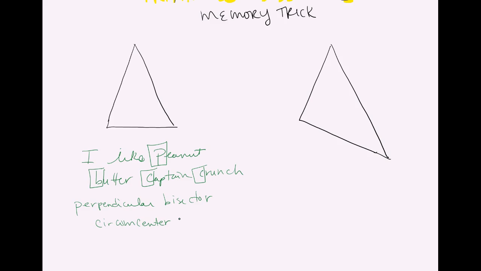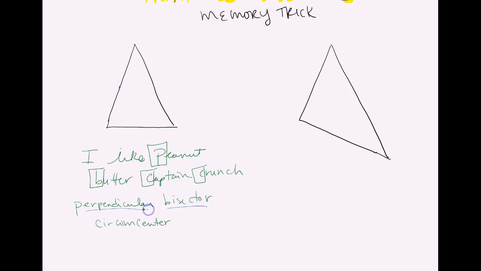So the idea is that if you are inside of a triangle, you are going to go to each of the three sides, and you're going to sketch their perpendicular bisectors. Now, you might remember the word bisect means to cut in half. So if I go to this side, I'm going to look for the middle of the segment, which looks like it would be about right here, because that's going to cut it into two equal parts, and therefore it's the bisector, okay?